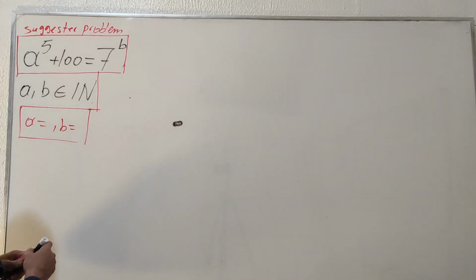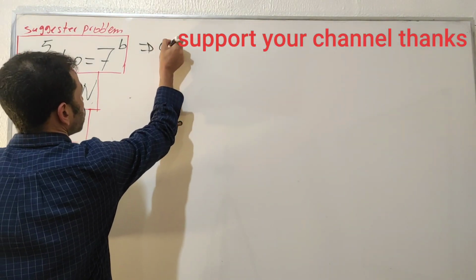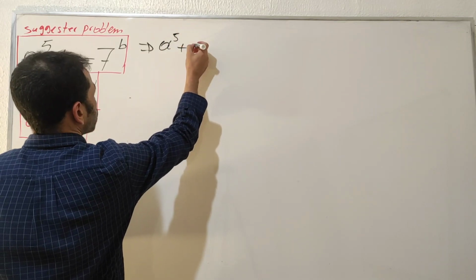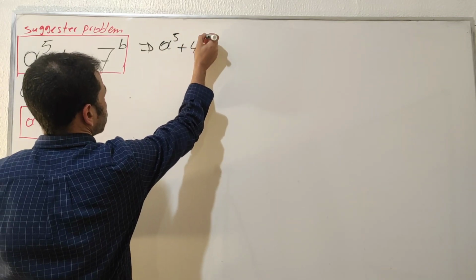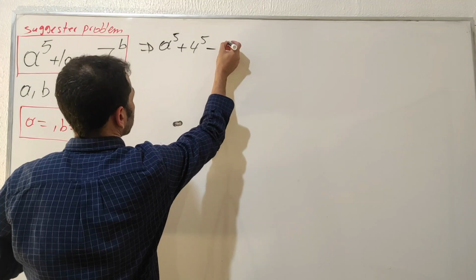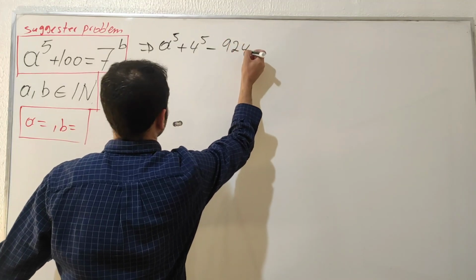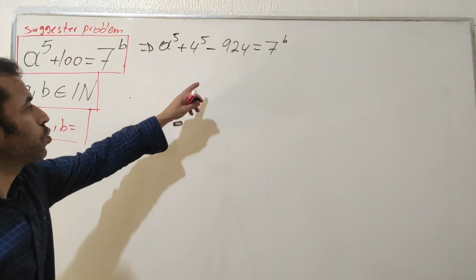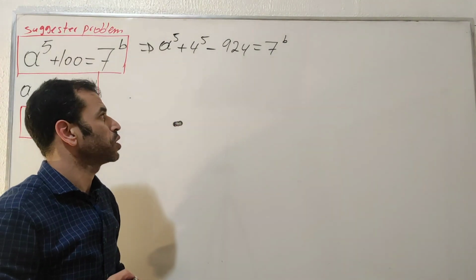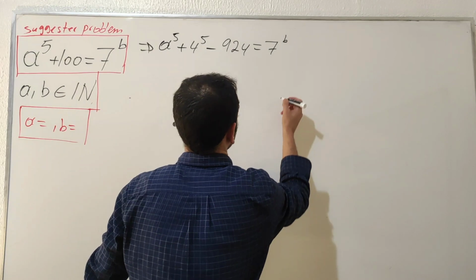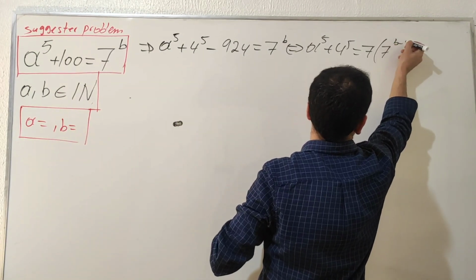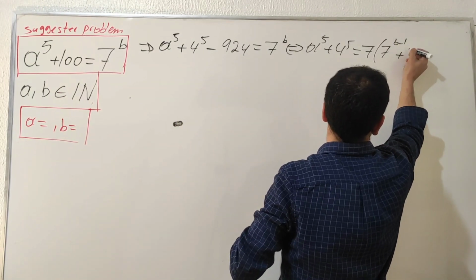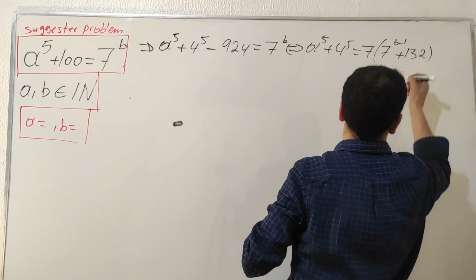Now let's do that. So we get a to the 5th plus 1024, which is 4 to the 5th, equals 924, which equals 7 to the b, okay? Now let's go ahead, move over this term to the right and make it a common factor with number 7: 7 times (7 to the b minus 1 plus 132).